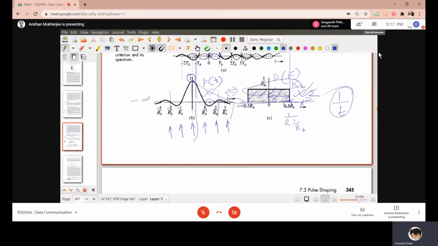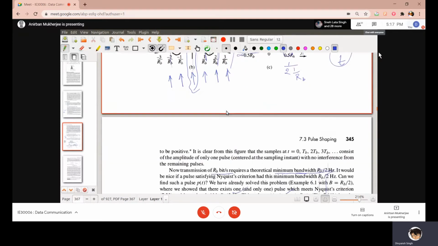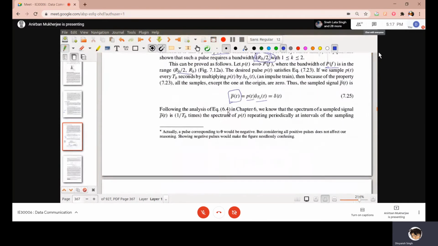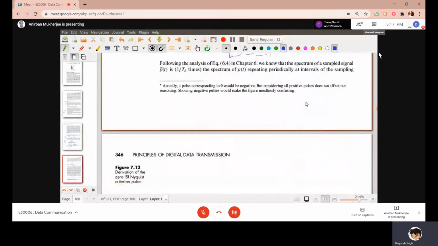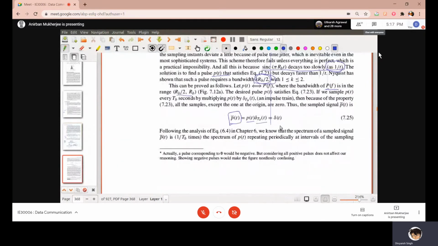So you have only delta(t), delta(t) into 1. So you are getting p bar(t), that is delta(t).